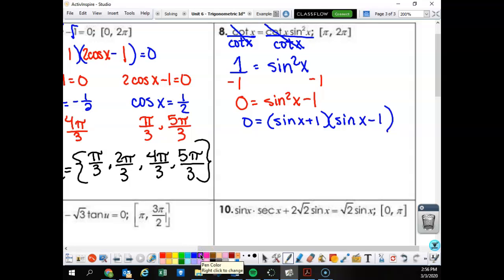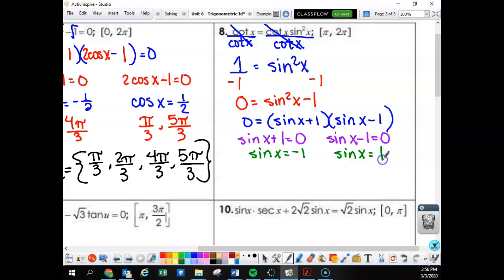And we split these up to both equal 0. So sine of x plus 1 equals 0, and sine of x minus 1 equals 0. So in reality, I would subtract 1, so it'd be sine of x equal to negative 1, and then sine of x equal to positive 1.